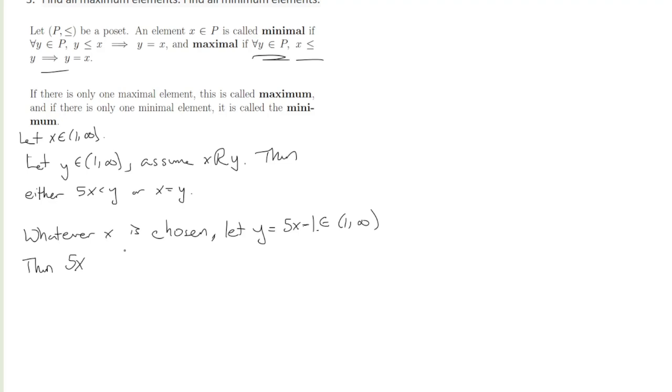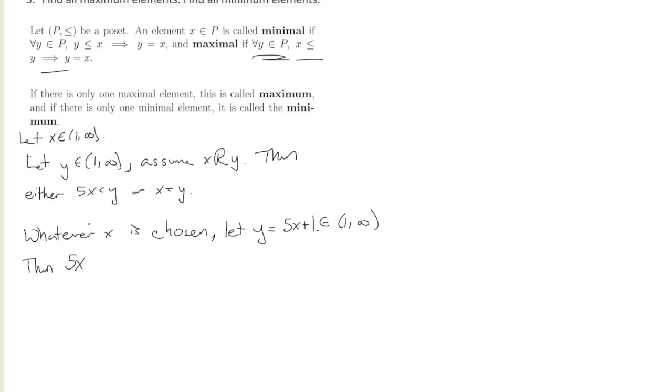What do I want? I want to show that x is related to y, because I've assumed x is related to y. So I need to find a value for y where x is related to y through this method, not through the x equals y method. Right? I'm trying to conclude that x does not have to be equal to y. And so yes, the plus was right there.